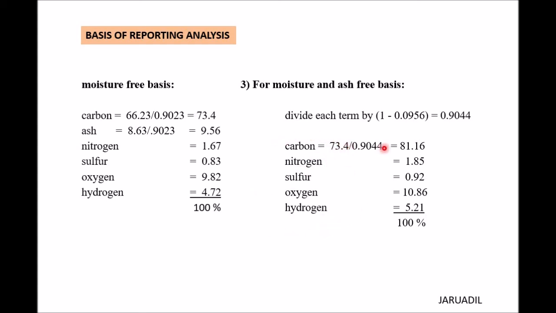So pag dinivide mo yan, ito yung mga result. Nitrogen is 1.67 divided by 0.9044. Ito yung result niya. So if you add carbon, nitrogen, sulfur, oxygen, and hydrogen, that becomes 100%. Should be 100%.